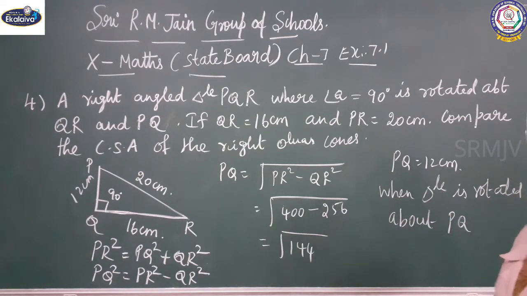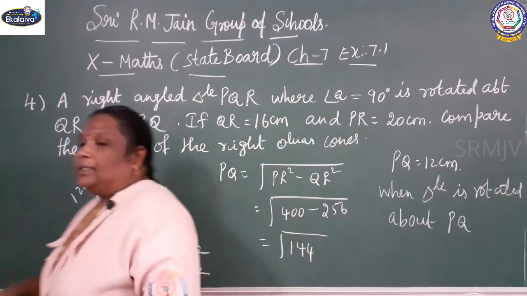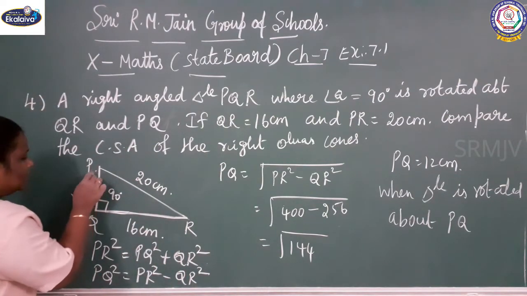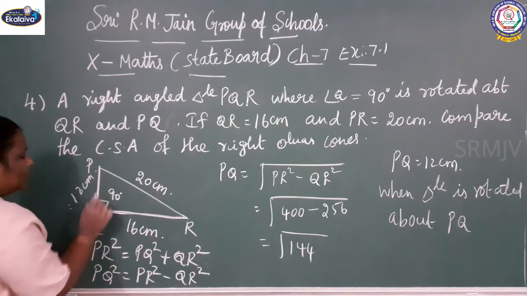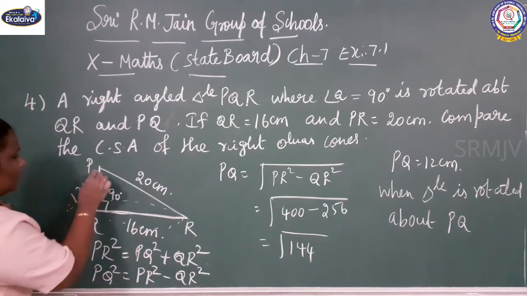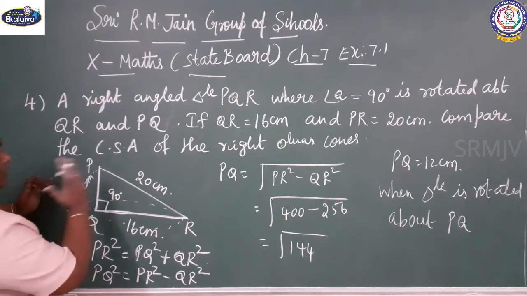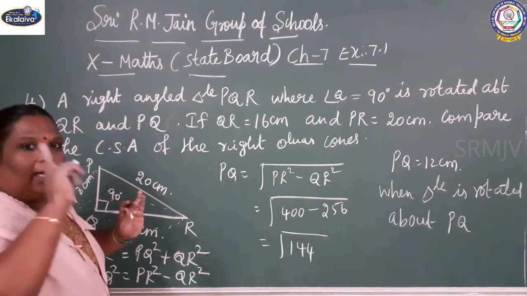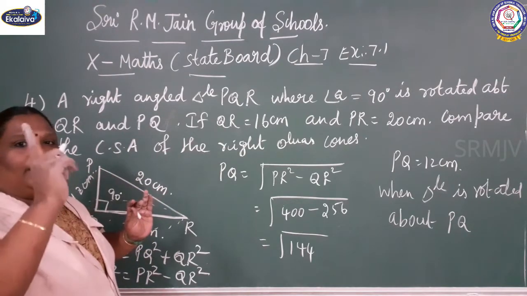You just imagine the triangle. This is the height of the triangle. You can take it as it is rotated like this. Is it clear, children? That is along the y-axis.